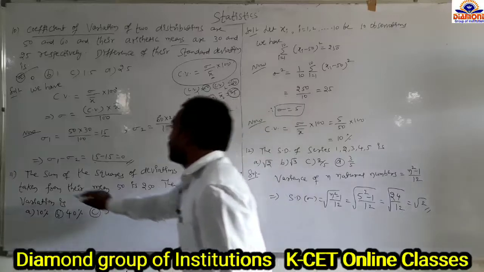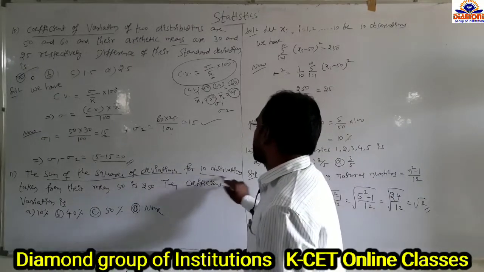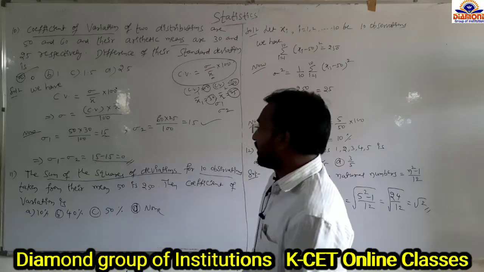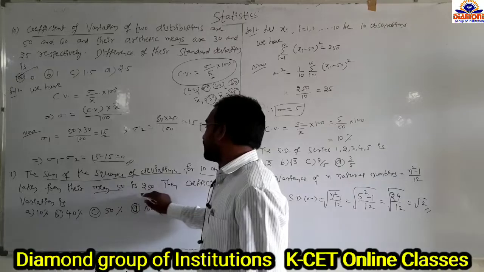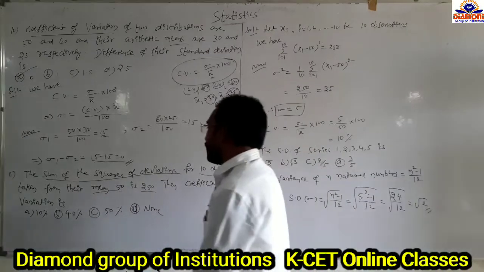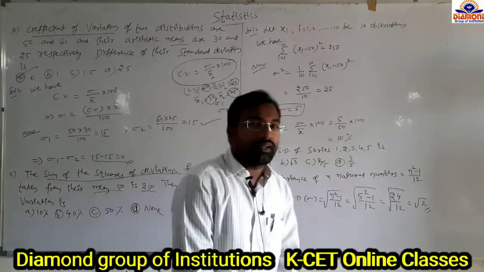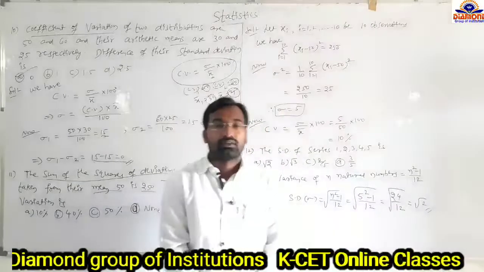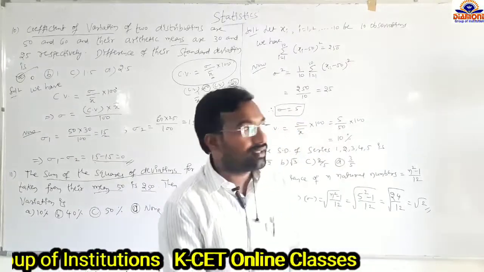The sum of the squares of the deviations for 10 observations, so here n is 10, taken from their mean 50, is 250. Then you have to calculate the coefficient of variation. For calculating CV, we compulsorily need the mean and standard deviation, sigma and x bar.